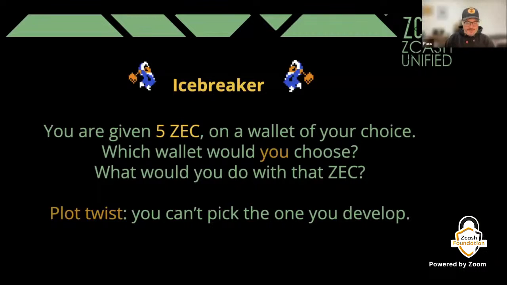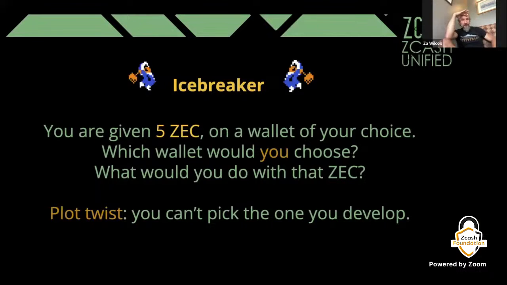Nice. All right, since you mentioned Zingo, Zancas, your turn. I would take my 5 Zec in Water Wallet, and I would eagerly wait for the moment when I could exchange it on a distributed exchange for other cryptocurrencies.